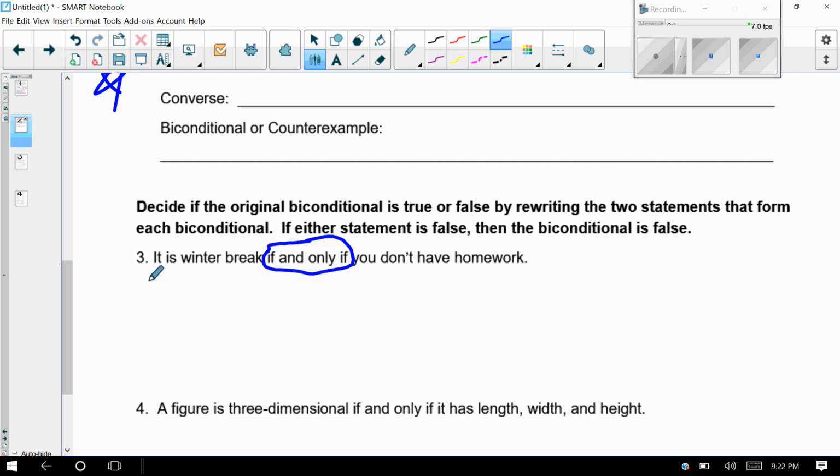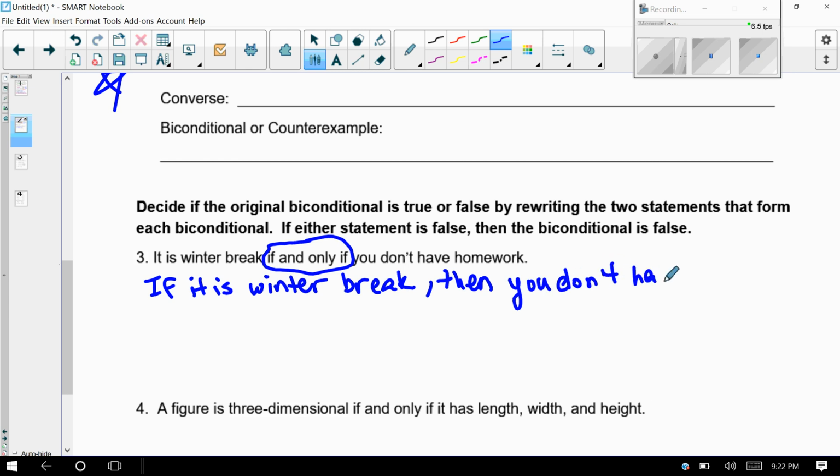So we're going to have to rewrite both. Is this true or false? If it is winter break, then you don't have homework. It should be true. No one should be giving you homework during winter break, right? So this should be true.